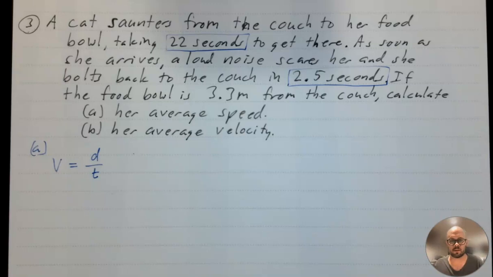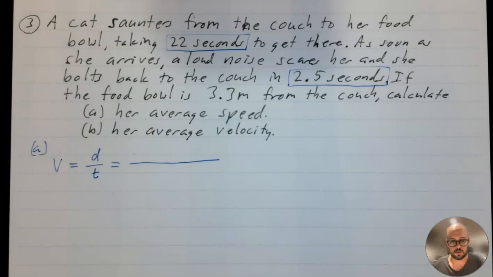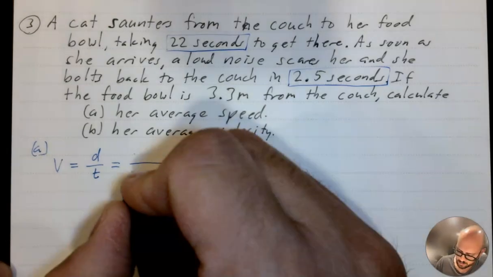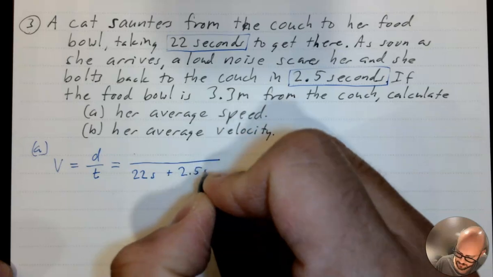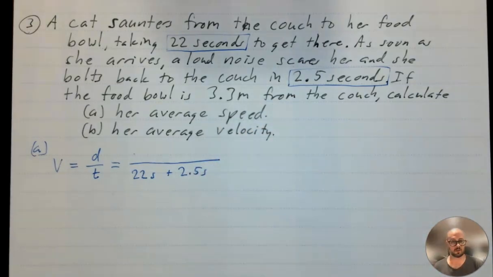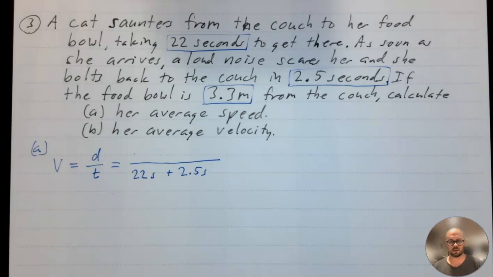So those two times will combine to form our total time elapsed. So I'm going to do the denominator first. 22 seconds plus 2.5 seconds. That's going to be our total time. The last piece of data is that there's 3.3 meters between the food bowl and the couch.